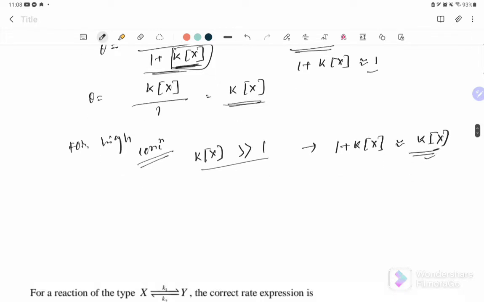For that case theta will be KX by KX, that is 1.